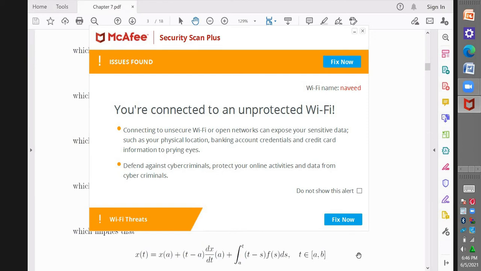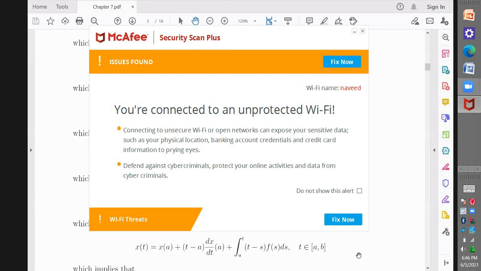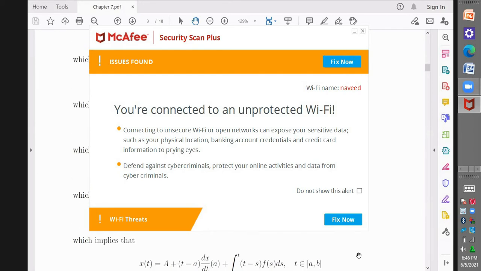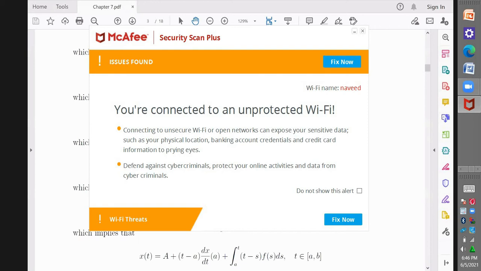Now using the given boundary condition, you can see x of t is x at a, which is just a, plus (t minus a) into dx over dt at a, plus integral from a to t of (t minus s) f of s ds.